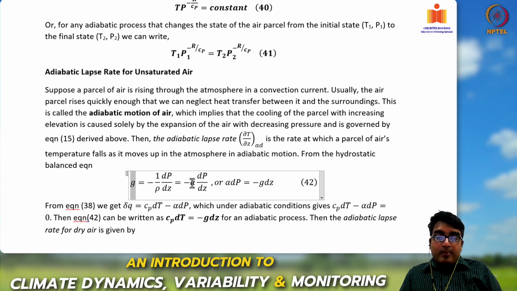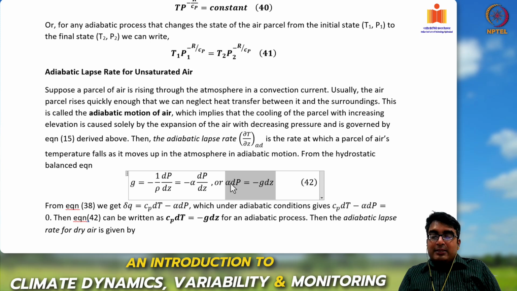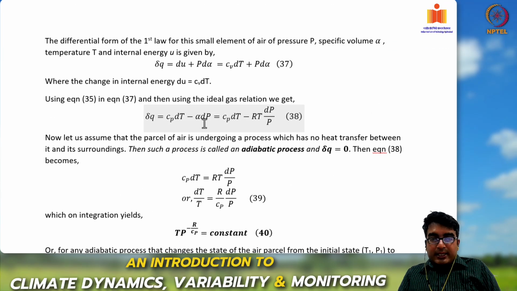So g equals minus alpha dP dz, or alpha dP equals minus g dz. So the hydrostatic balance equation can be expressed in this format. The specific volume times the differential change in pressure equals the negative of the acceleration due to gravity times the differential change in altitude.